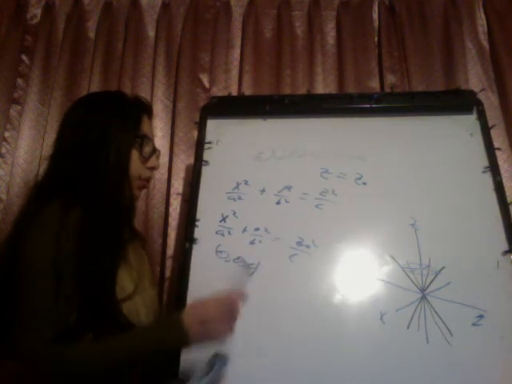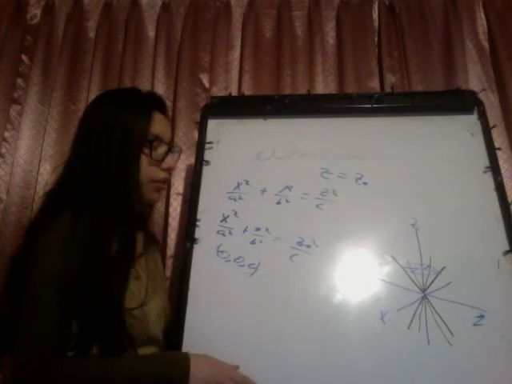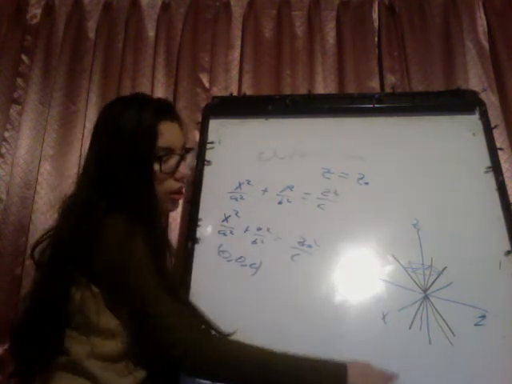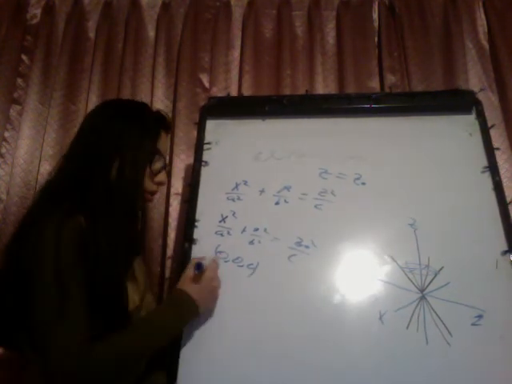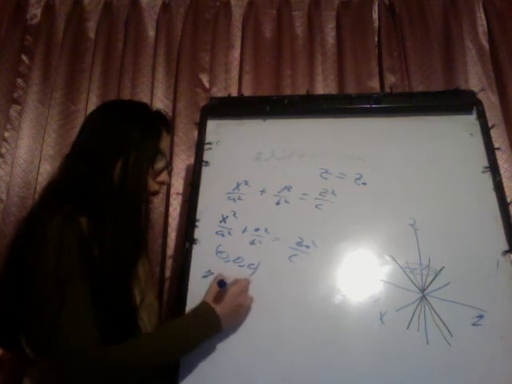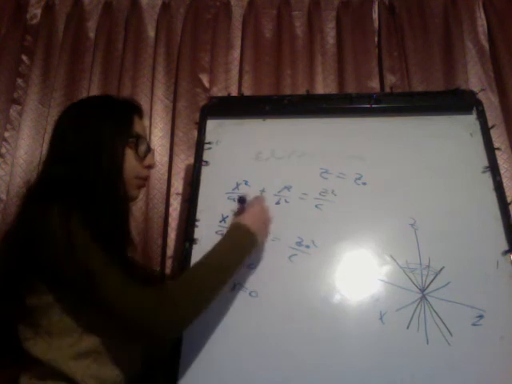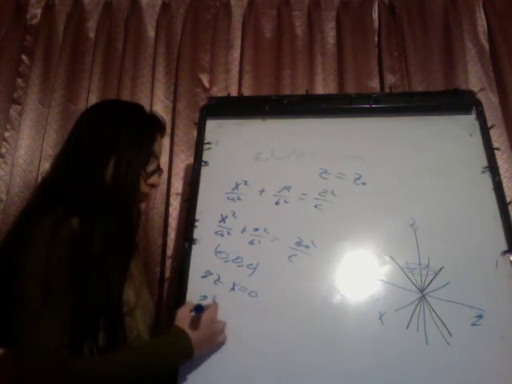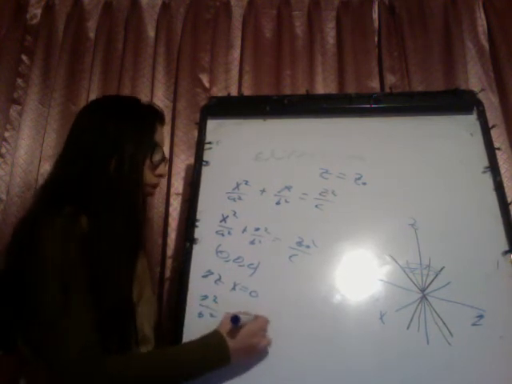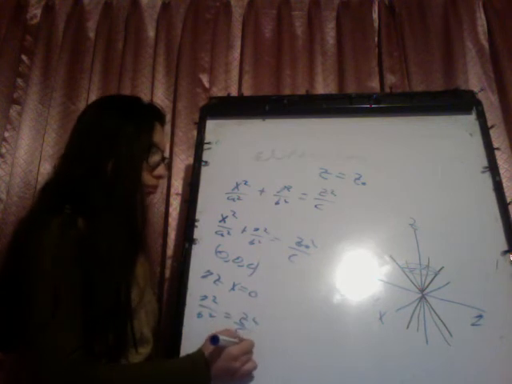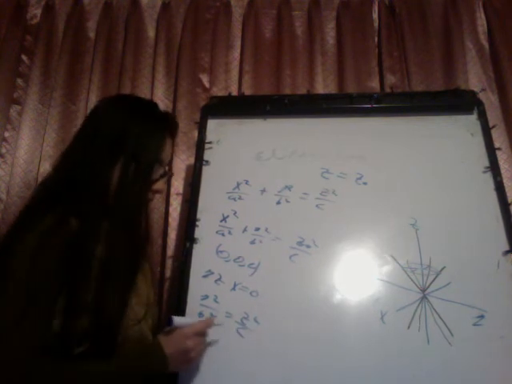Next, now if you do a vertical cross section, let's say in the yz plane, that is when x is equal to 0, that is in the plane x equals 0, you have y squared divided by b squared equals z squared divided by c squared.